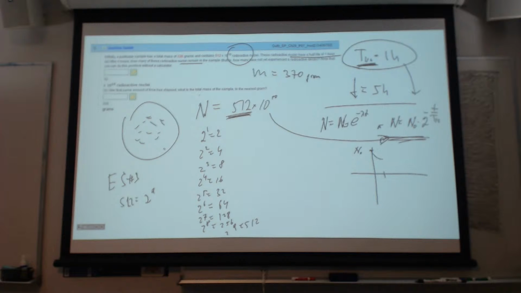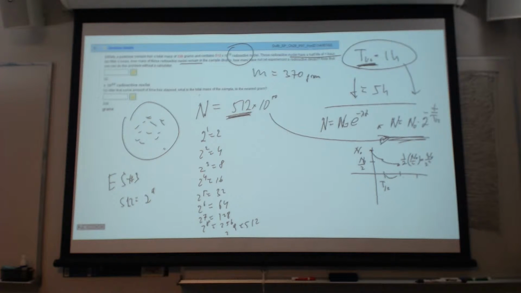You wait one half-life, you are left with one half of the initial. You wait another half-life, you are left with one half of that, which is 1/2 squared.